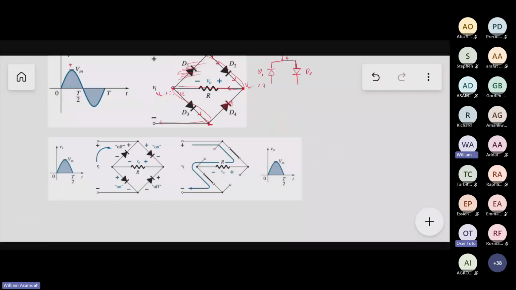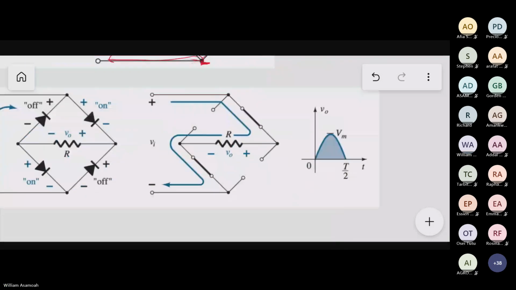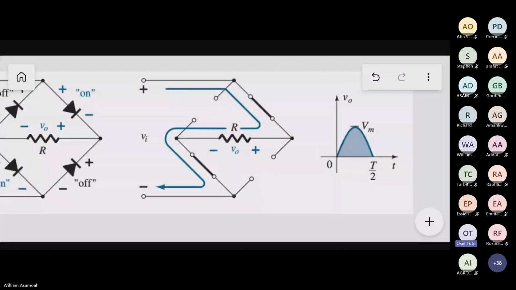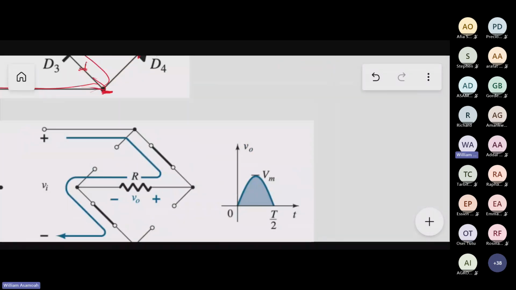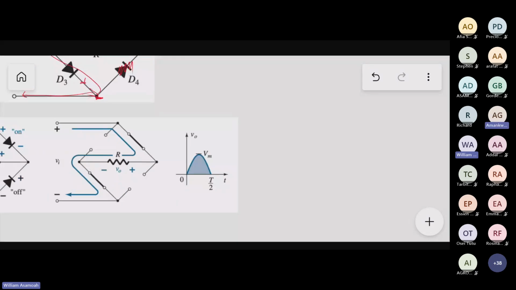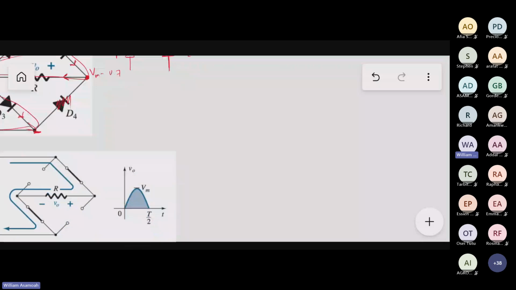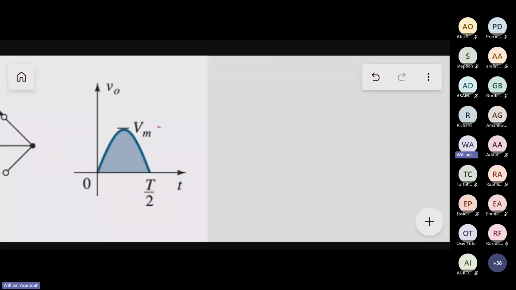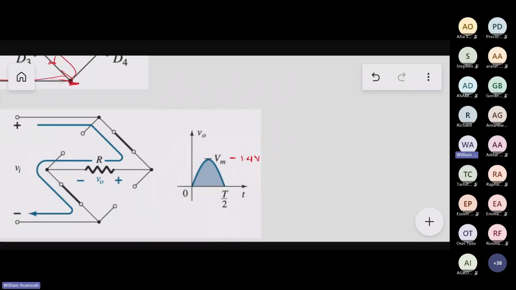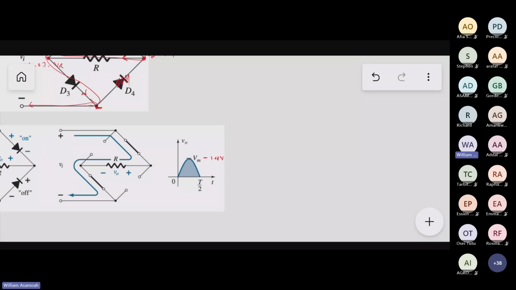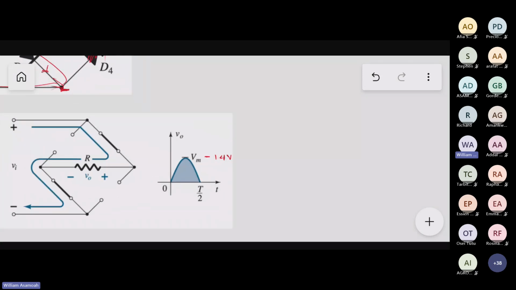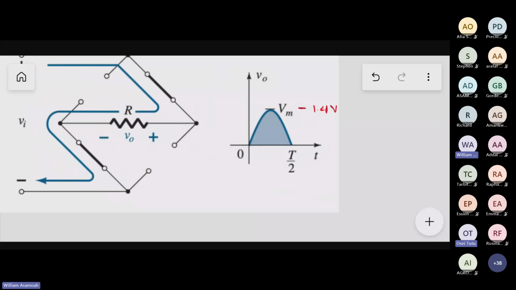Observe that in this case, the maximum at the output that we are getting is going to be equivalent to Vm minus 1.4 volts, because two diodes conducted and each of them took their 0.7 out of it. So we are going to get Vm minus 1.4.